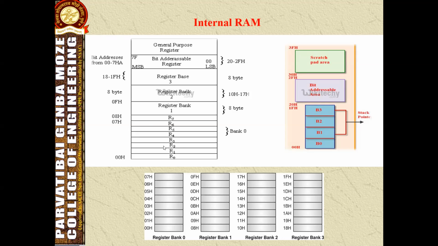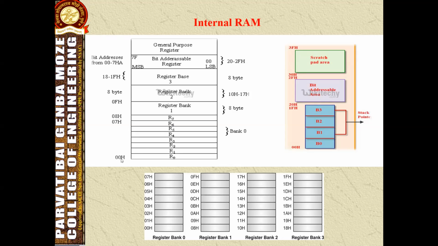From the memory address, there are 4 register banks in the first group. How is each bank organized? See in this figure. There are a total of 8 registers in a particular bank. Bank 0 contains 8 registers, starting from R0 to R7.